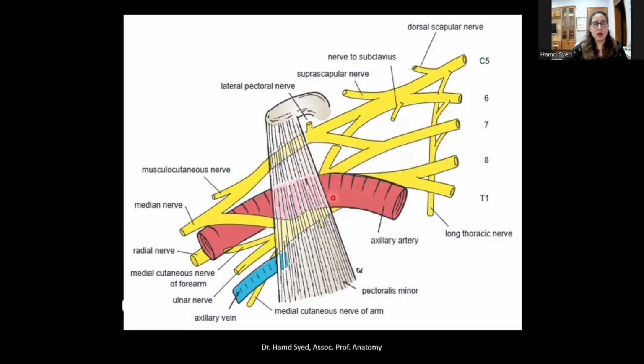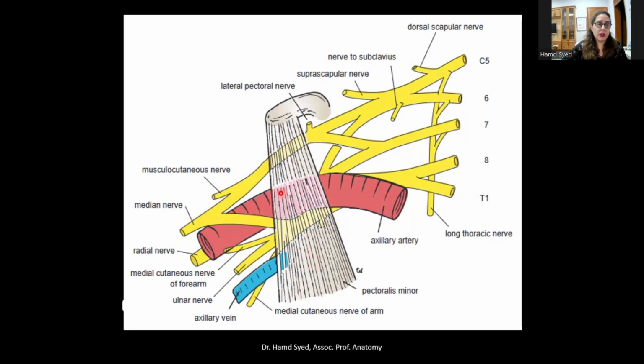So eventually the three cords, lateral, posterior, and medial, are lying over here in close relation to this axillary artery, and their names are according to their position in relation to the axillary artery. So this lateral cord is lying lateral to this axillary artery. Here is the medial cord. You can see it is lying medial to the axillary artery, and the posterior cord will be behind it. Also keep in mind, this is the pectoralis minor muscle, which is lying anteriorly or superficially to these cords and axillary artery.